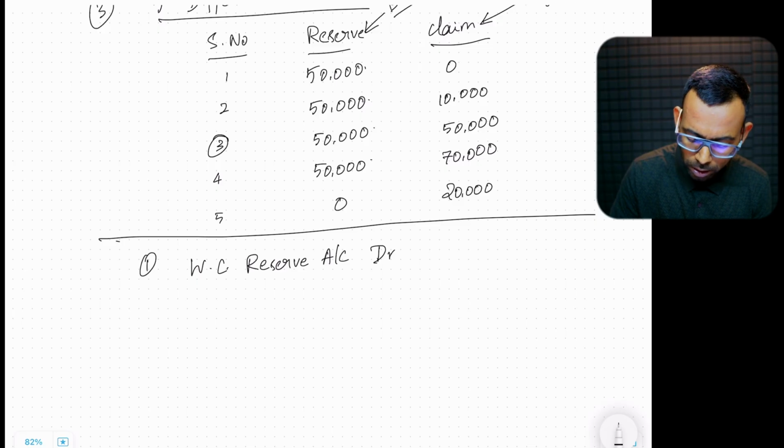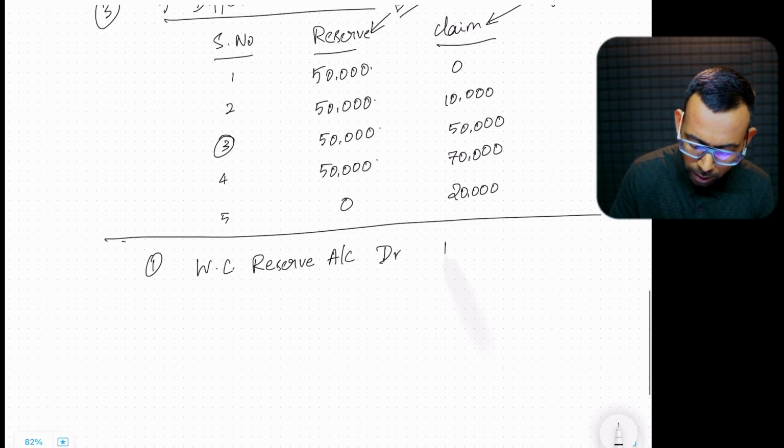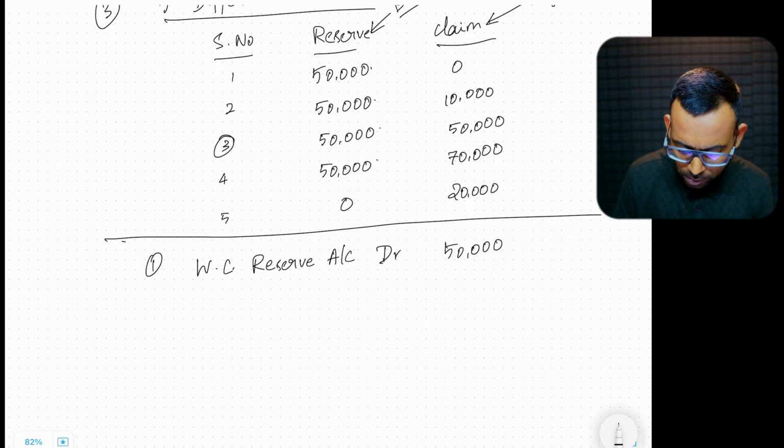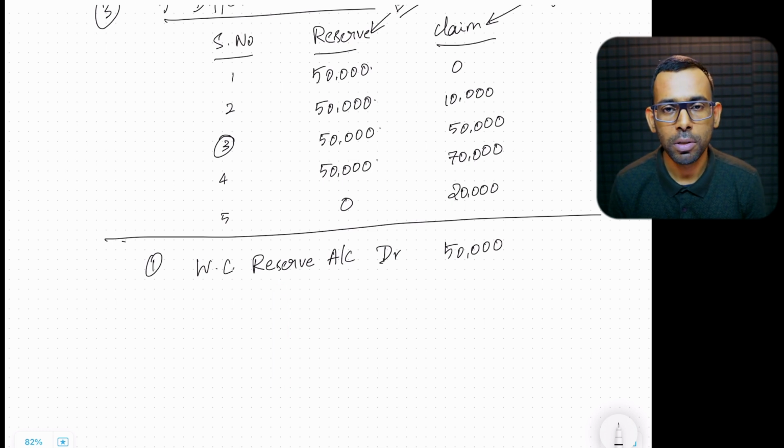Whatever the number you see here, you have to bring that to the journal entry. So this is a constant entry in all 4 scenarios, 1, 2, 3, 4. For all the subsequent scenarios, you will see a constant workman compensation reserve debit.